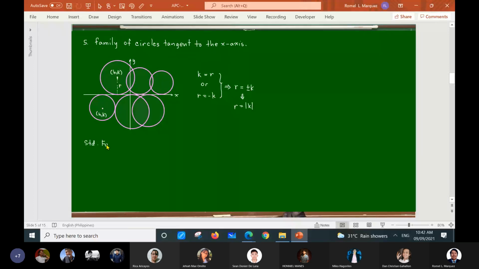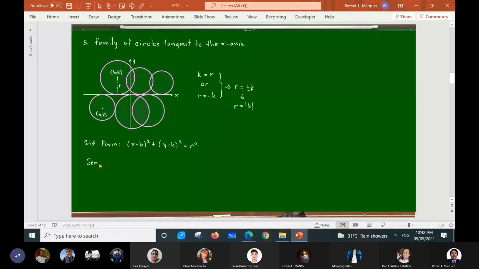(x minus h) quantity squared plus (y minus k) quantity squared equals r squared. But this has three arbitrary constants. Since we are given conditions, or properties, we can reduce the number of arbitrary constants to come up with what we call the general solution. Okay, guys?